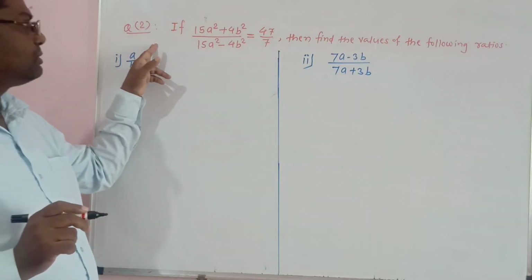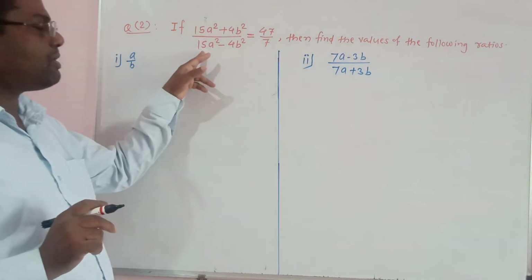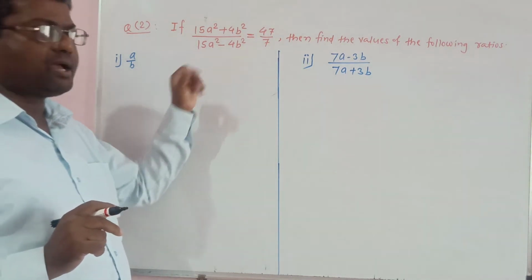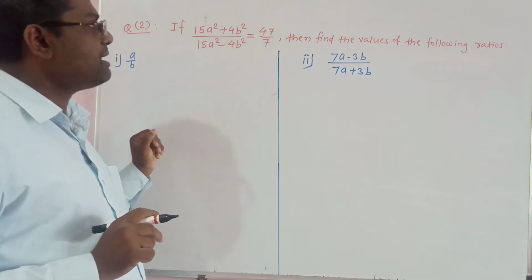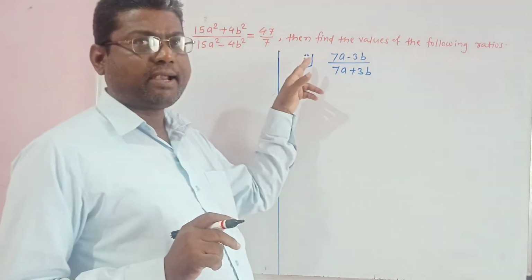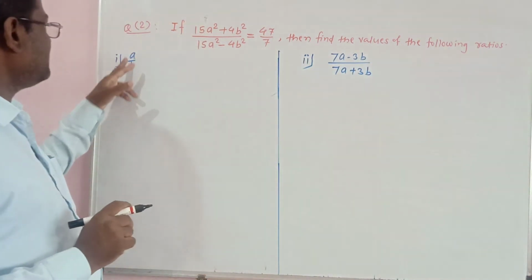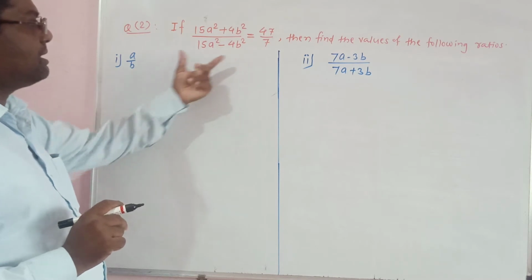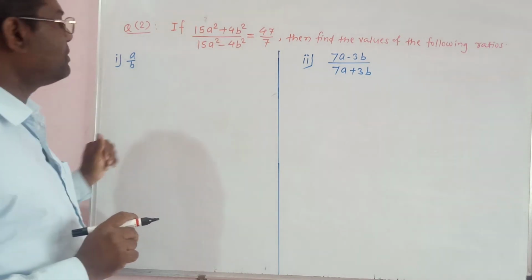Question number 2. If 15a square plus 4b square upon 15a square minus 4b square is equal to 47 upon 7, then find the values of the following ratios. Number 1 is a upon b. Here we have given componendo dividendo.